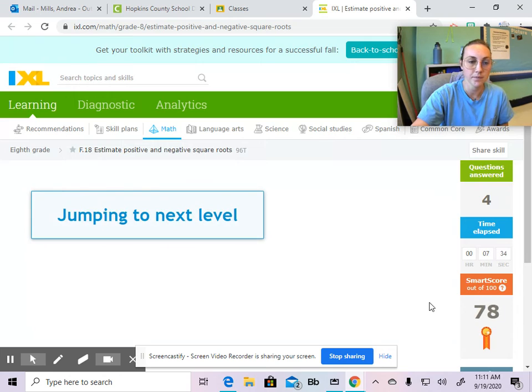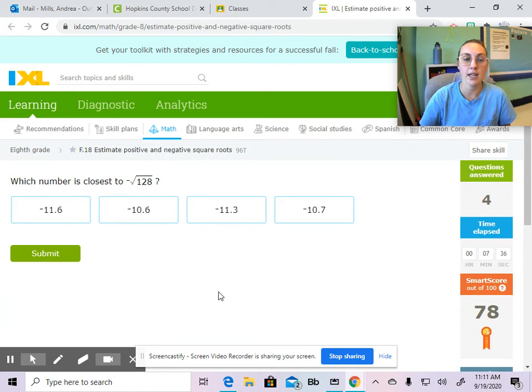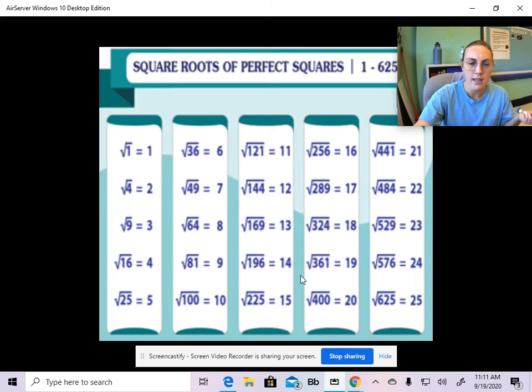But let's jump a level. And now we need to find which number is closest to this negative square root of 128. So now you need to know not only what it is in between, but which number it is actually closest to. So for the negative square root of 128, let's go back. That would be in between the negative square root of 121, which would be negative 11, and the negative square root of 144, which would be negative 12.